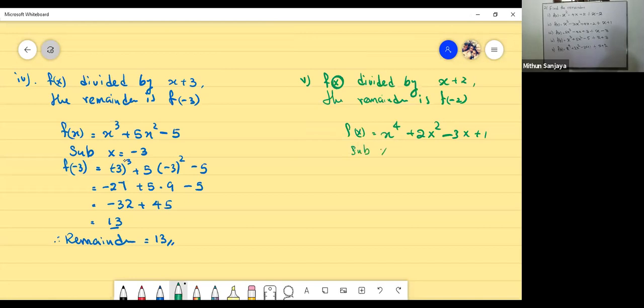If you have any doubt, please let me know. f minus 2 equals minus 2 to the power 4, 2 times minus 2 to the power 2, 3 times minus 2 plus 1, is 16 plus 8 plus 6 plus 1 is 31.